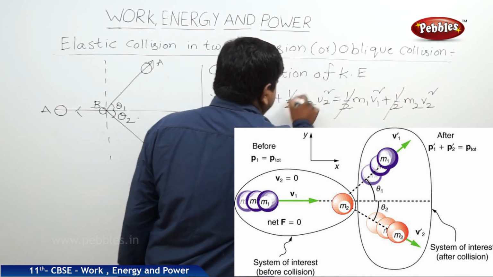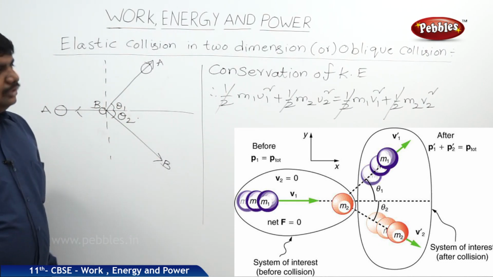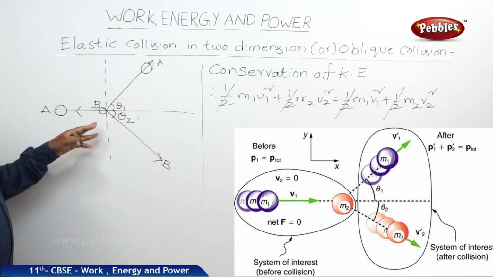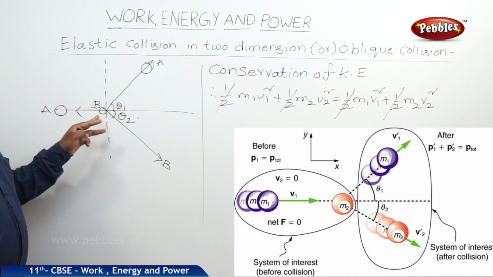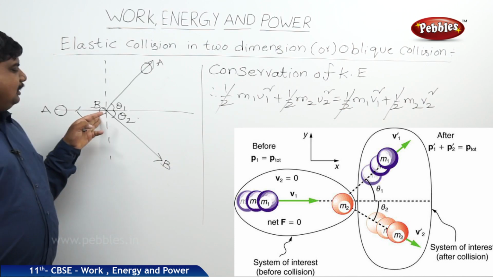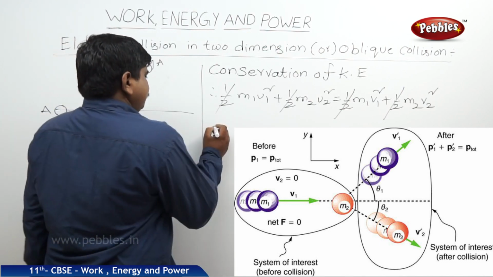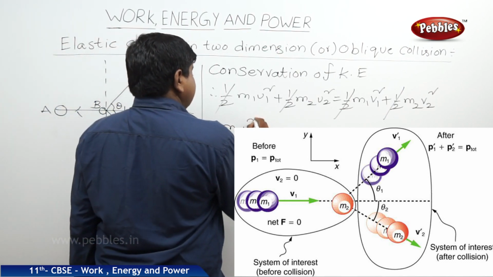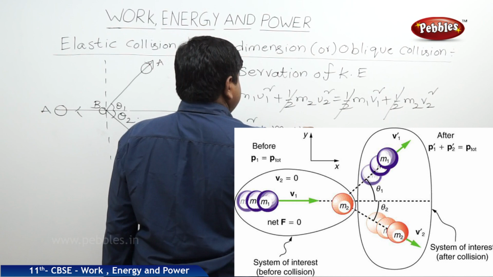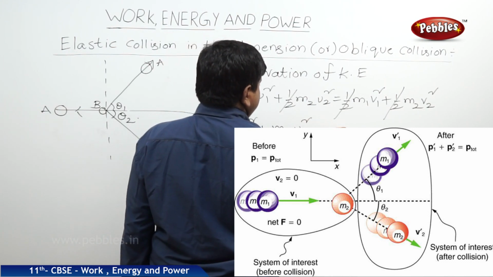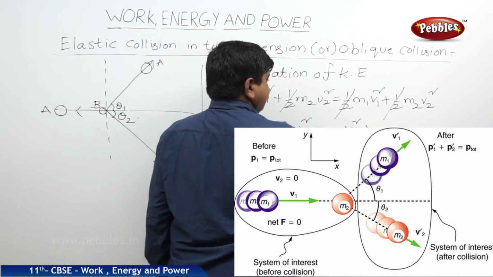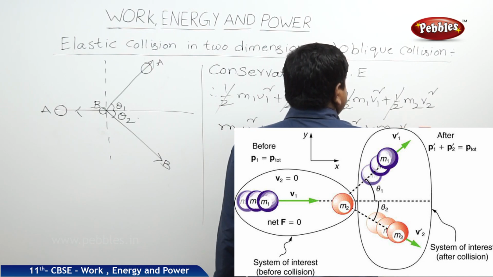So all halves will be cancelled. The body A, after the collision, travels along the x-axis. The body B, which is initially on the x-axis, after the collision is moving down along the y. So this will be m1 u1 square plus m2 u2 square is equal to m1 v1 square plus m2 v2 square.